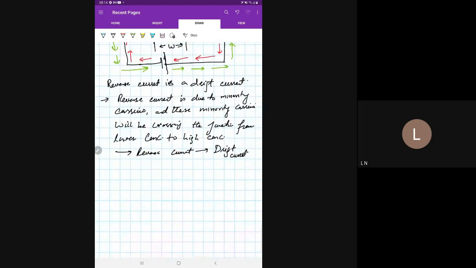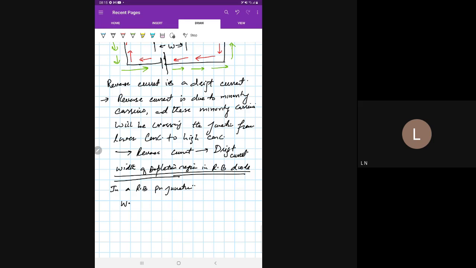Width of depletion region in reverse bias diode. We know that in a reverse bias PN junction, the width of the depletion region is given by W, which is equal to the square root of twice epsilon by Q times 1 by NA plus 1 by ND, times the voltage.